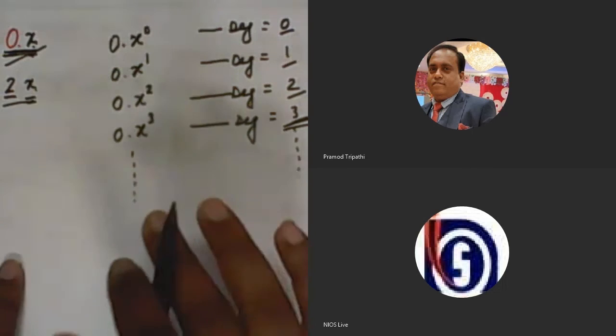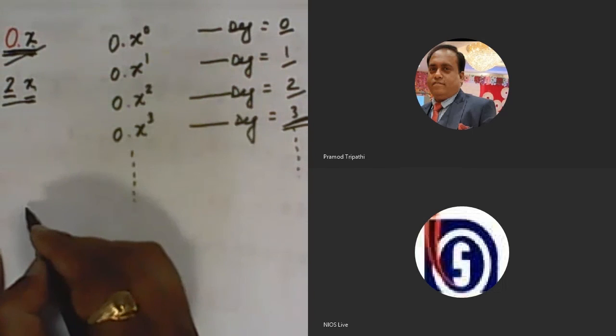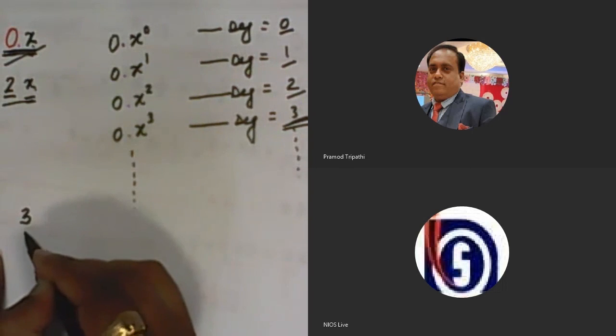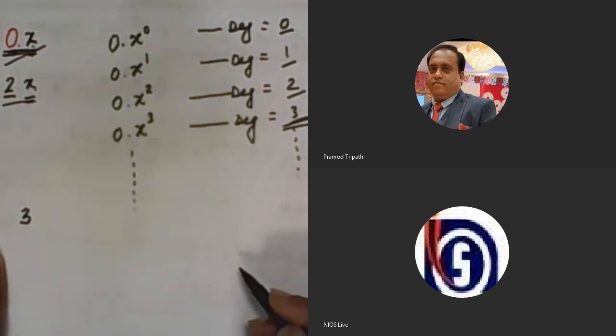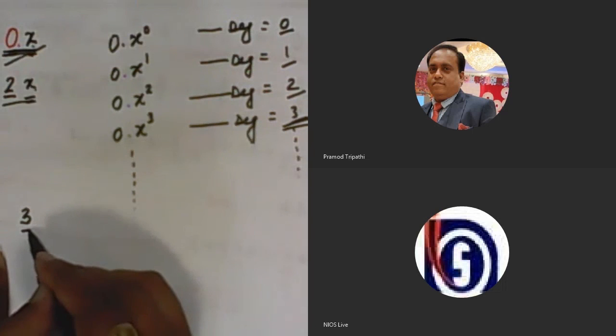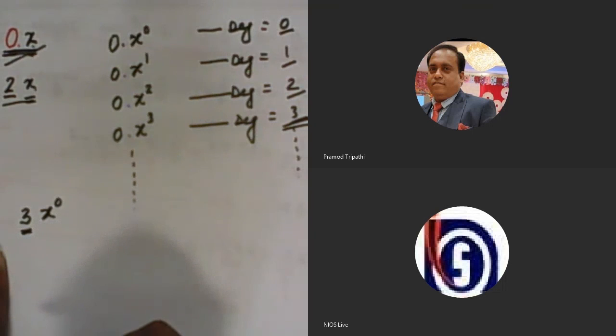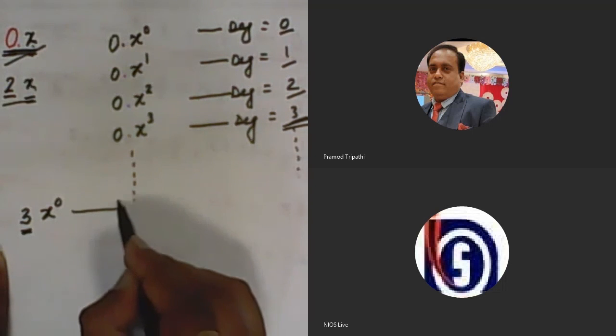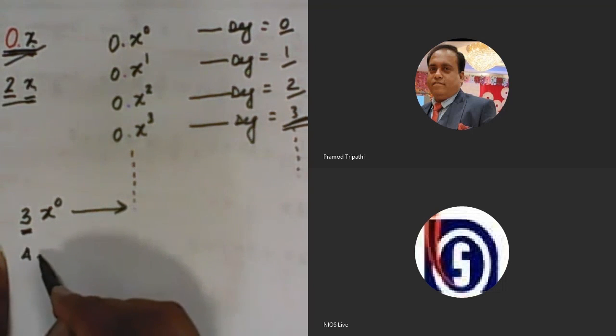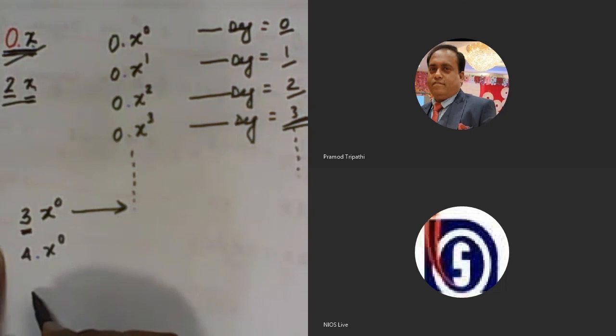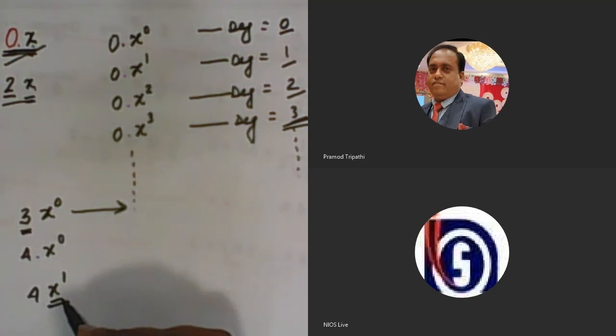Why is the degree of the constant polynomial always 0? This is one of them, the constant polynomial, because it has a fixed value. So 3x raised to the power 0. That is why the constant 4x raised to the power 1 we cannot write here, because it becomes 4x.